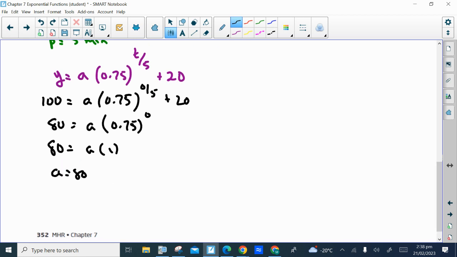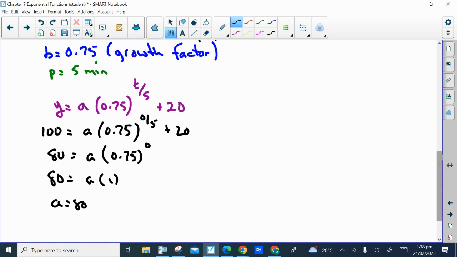And now we can write this equation. The equation will be T, the temperature, will equal 80 times 0.75 to the power m over 5, if we want, where m counts for the number of minutes, plus 20.